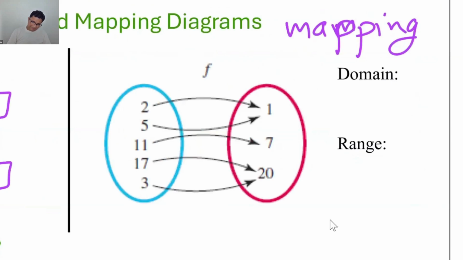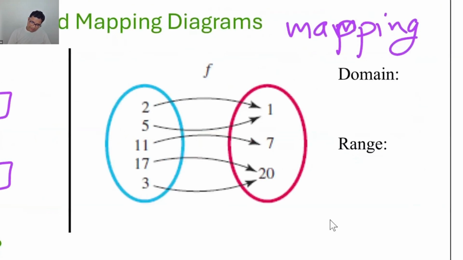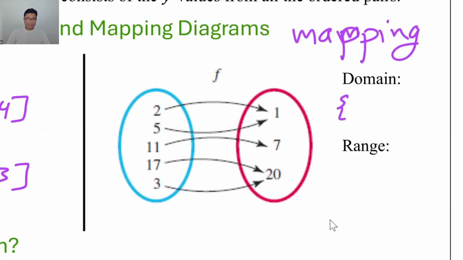And what does it say? The domain now is a finite set. So we don't use an interval. It's not everything from 2 to 17. 2 is the smallest number here, 17 is the largest. So you are not going to say that the domain is from 2 to 17. That would be incorrect. Why? Because we are not including the numbers in between.